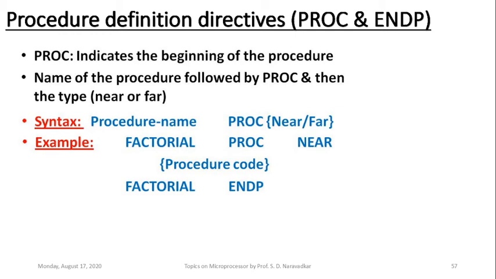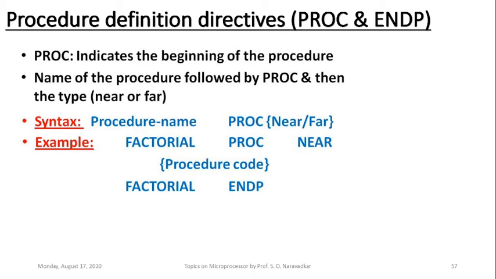Then the example given here: factorial is the name of the procedure taken in this example. PROC is a keyword indicating that this is the procedure we are going to define, and it is a near procedure. It means that this factorial procedure is within the same code segment where my main program is present.